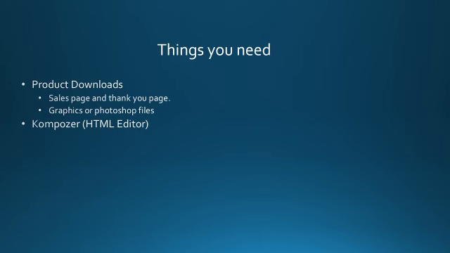But most products should have a sales page and a thank you page. And then of course they should have the graphics that come with the sales page and the Photoshop files. Now, if you want to edit the graphics and the Photoshop files, you can with Adobe Photoshop. And I'll show you where to go to get that tool.